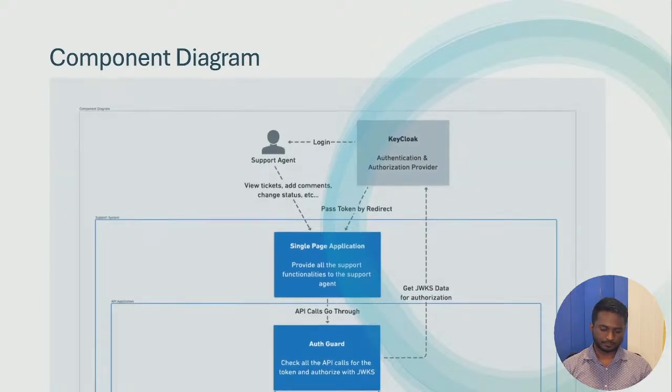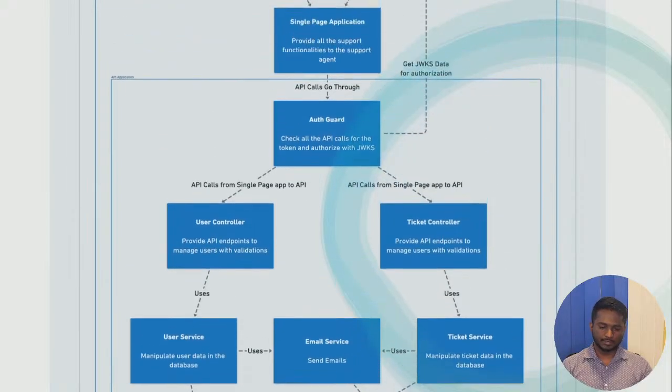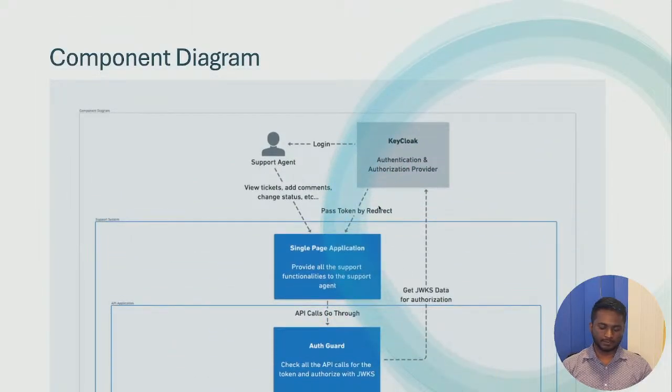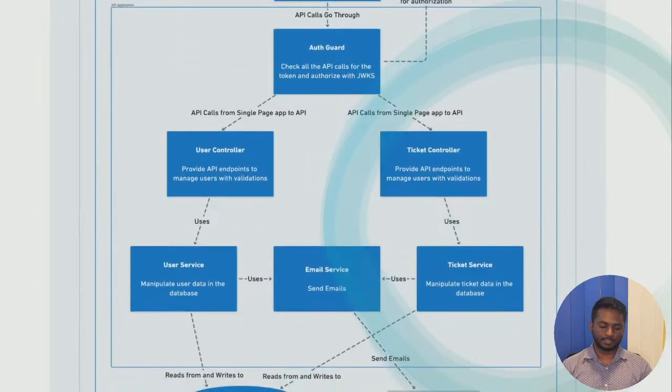Since this is a simple application with only ticketing capabilities, it has an auth guard which acts as the verification for JWT tokens that have been granted by Keycloak for the user, and it will decide whether the request is valid or not.